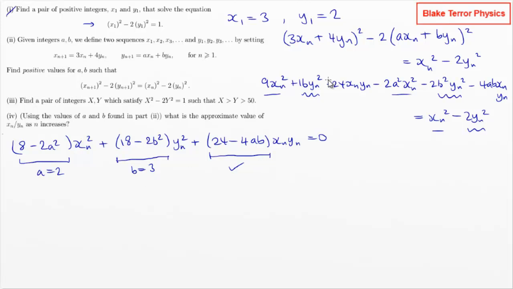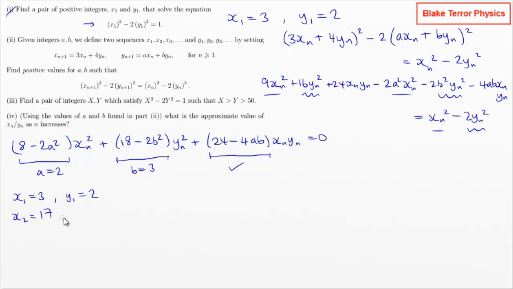What would have happened then if we had actually put these in? If we'd done x1 and x2, so if x1 equals 3, y1 equals 2, then that means that x2 is going to be 3 lots of x1, that gives us 9, plus 4 lots of y1, which gives us another 8, so that's 17.